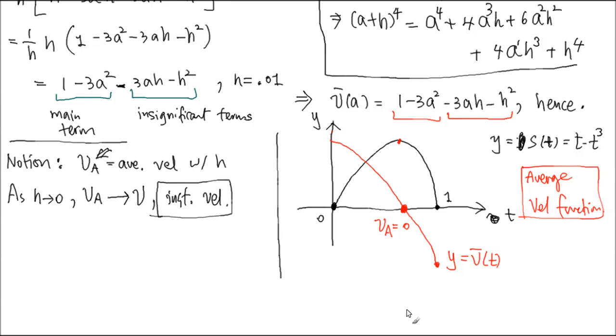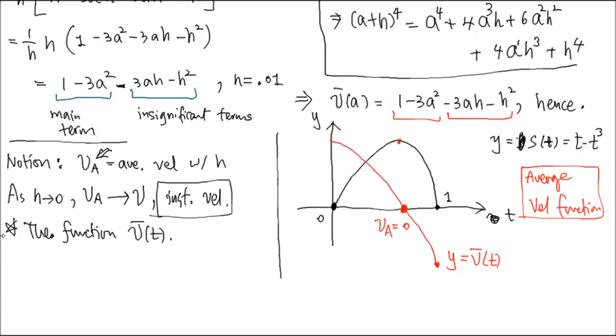But here is the more difficult part: we have not only the average velocity, we have the function v bar t, right? Okay, what was v bar t? Average velocity function with h involved in there, right?